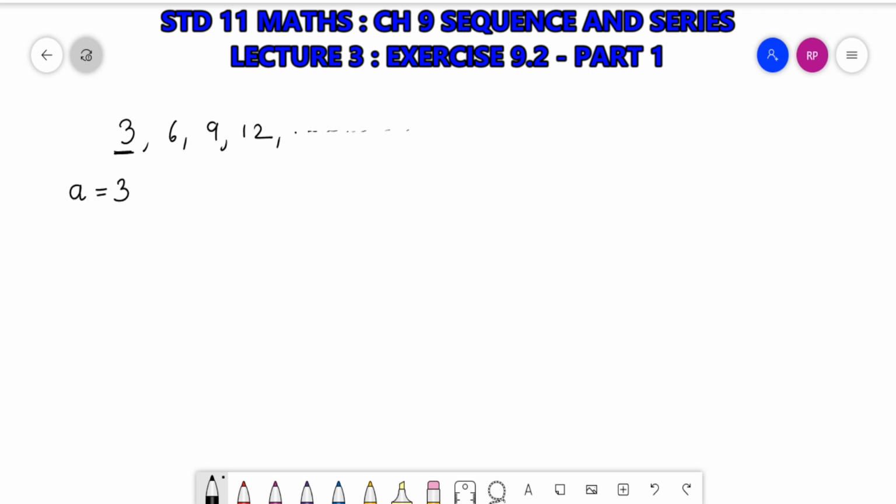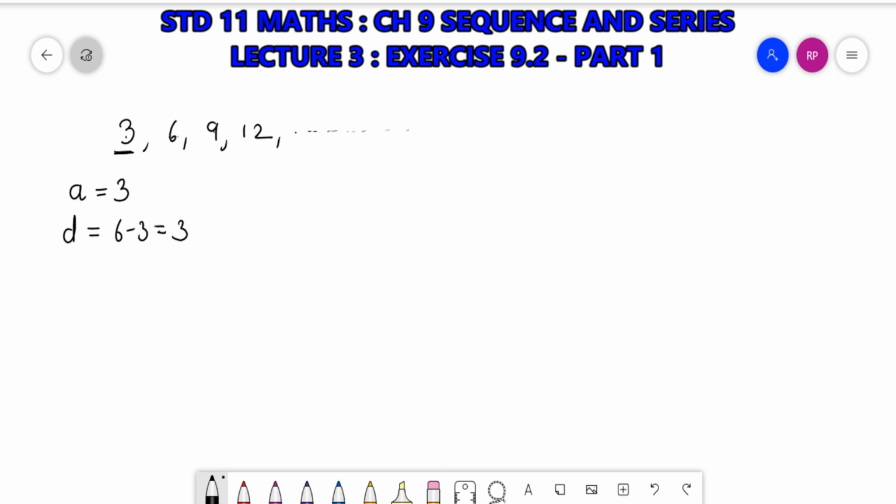The first term will be denoted by a. The difference d will be the difference between any two consecutive numbers. 6 minus 3 is 3, or 9 minus 6 is 3, 12 minus 9 is 3. So I will write down this as 3.